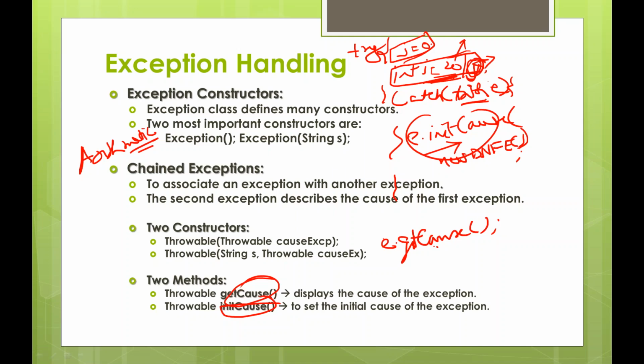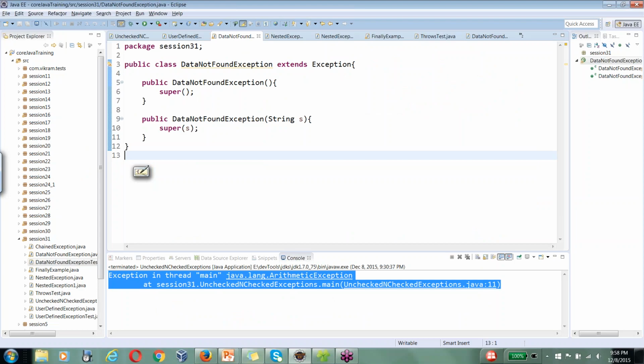That will print the actual root cause of the exception. Then we can clearly figure out why that arithmetic exception has happened. So after this getCause, we will know that it is because of data not found exception.